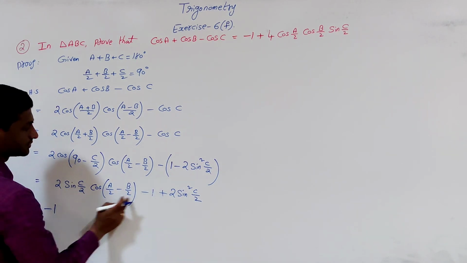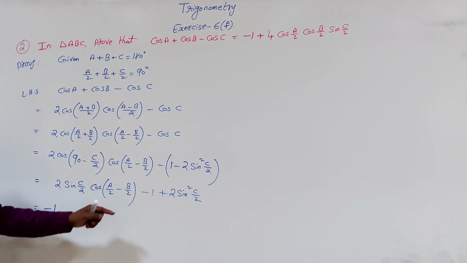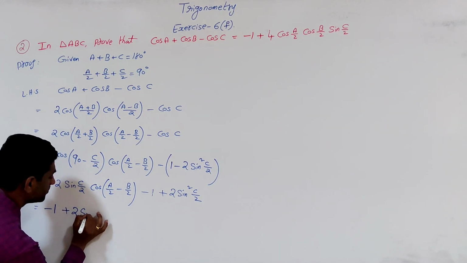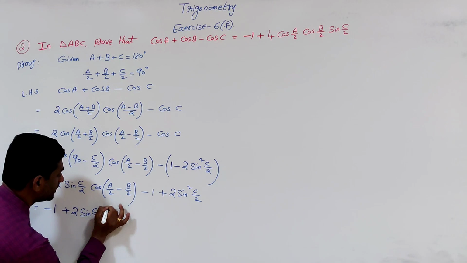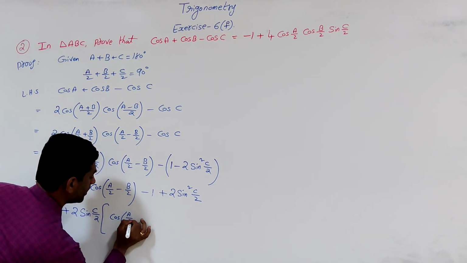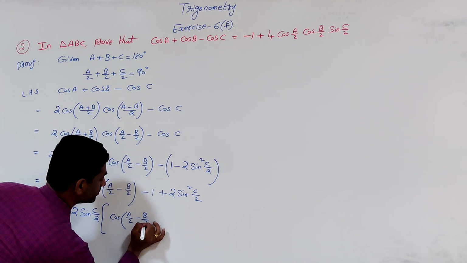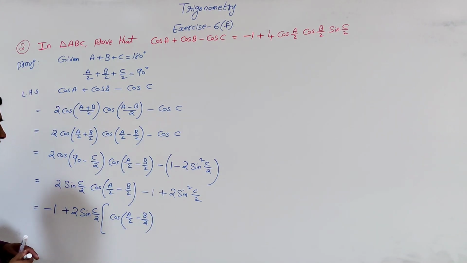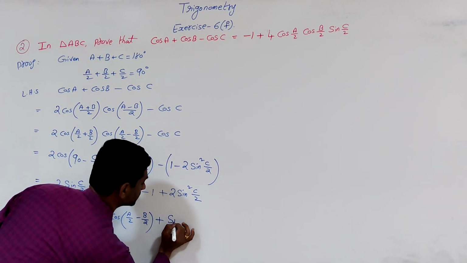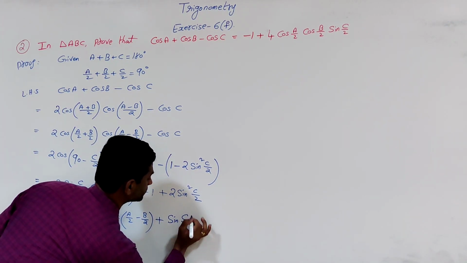From these two terms, 2 is common and sin C by 2 is also common. 2 sin C by 2, if we take common, then it will be cos of A by 2 minus B by 2, and plus sin C by 2.